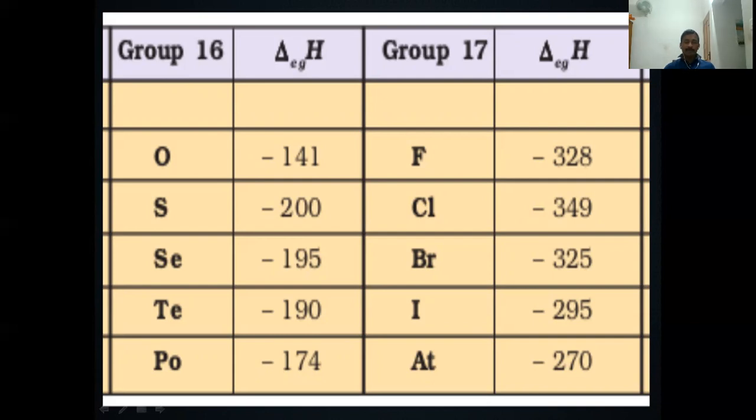For fluorine, minus 328, for chlorine, minus 349. So even though it is decreasing down the group, we can identify two anomalous behaviors here: anomalous behavior of oxygen and anomalous behavior of fluorine. Okay, we can see the reason for this anomalous behavior later.